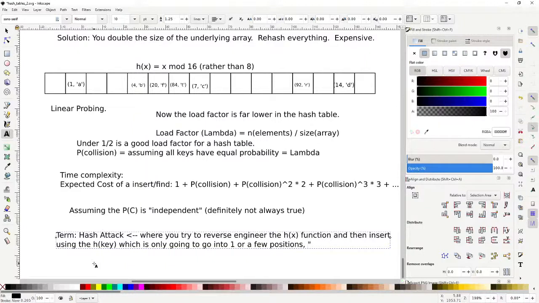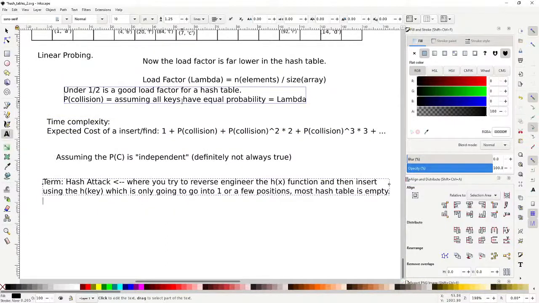So basically, mostly what you're going to do is insert stuff that only goes into a few positions, so that most of the hash table is empty, if we use chaining.